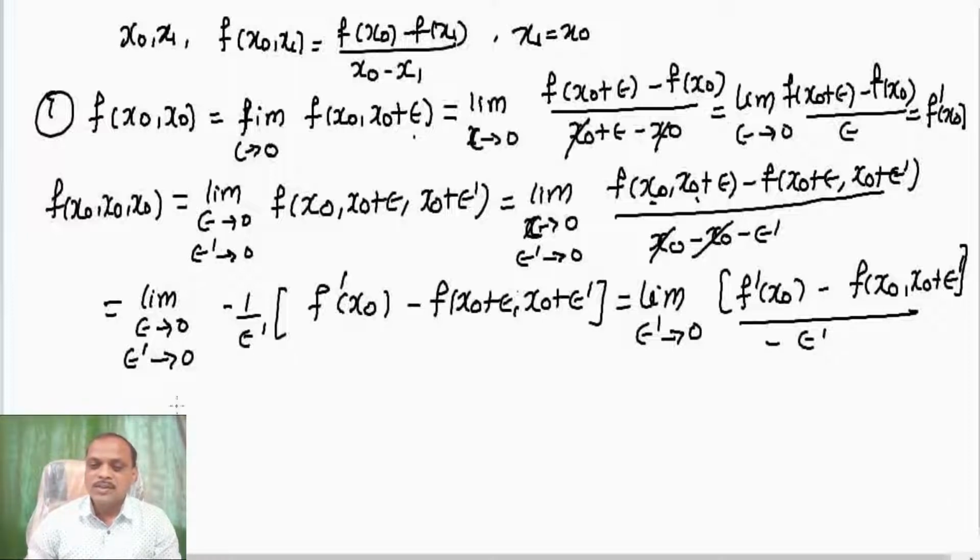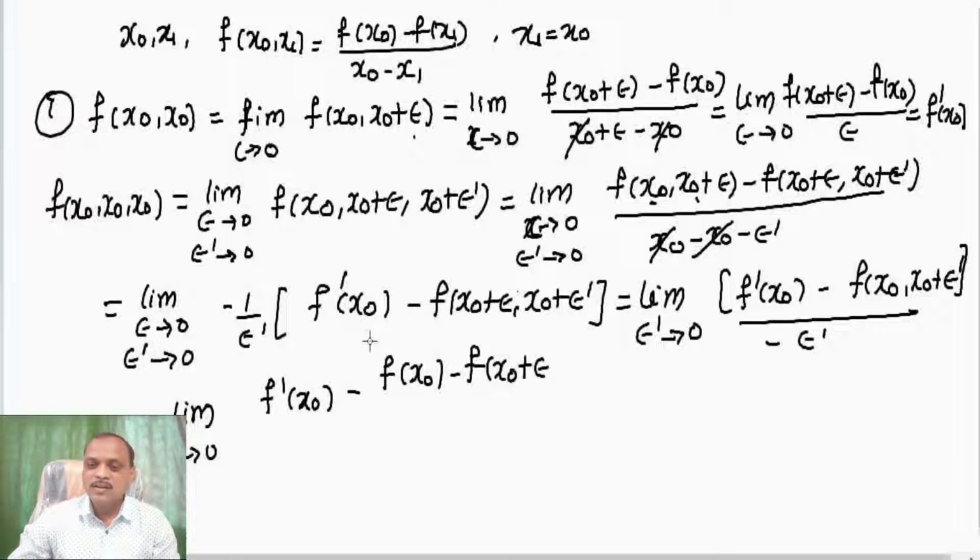Now this is equal to limit epsilon dash tends to 0 of f dash of x0 minus f of x0 comma x0 plus epsilon dash, so we consider this as the first quantity.